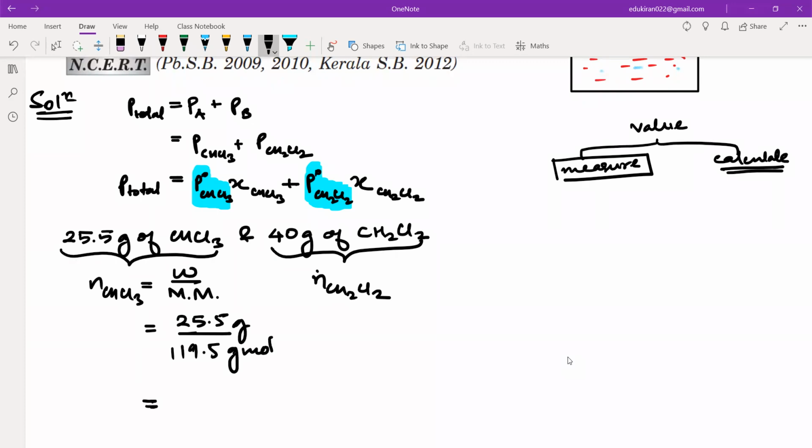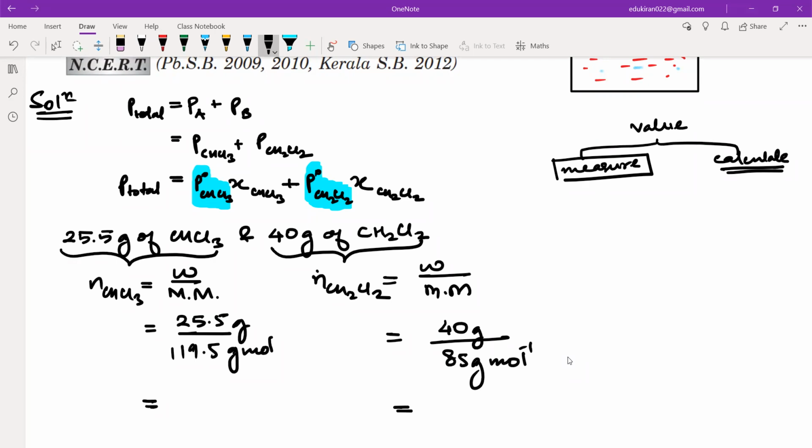So you will calculate this value, and then the number of moles of CH2Cl2 will again be mass by molar mass, which is 40 grams divided by the molar mass. Cl2 is 71, plus 12 and 2 makes 14, so 85 grams per mole.